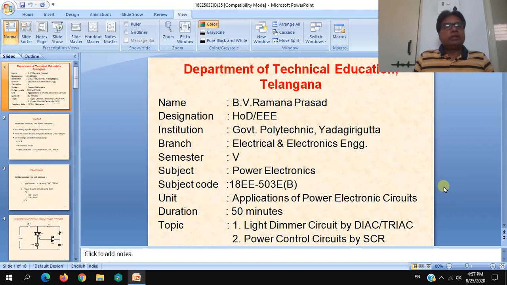In this session, we will be discussing the design and working of different power electronic circuits to meet certain applications.